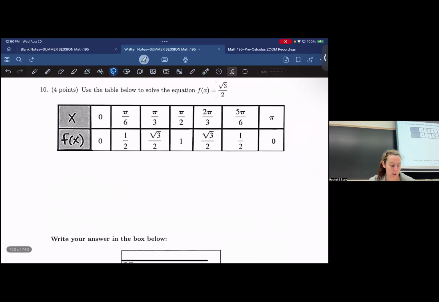Question 10, we're just asked to use this table below to solve our equation f of x is equal to square root of 3 over 2. And so when f of x is square root of 3 over 2, what is our y? 2 pi over 3 and pi over 3. Good.